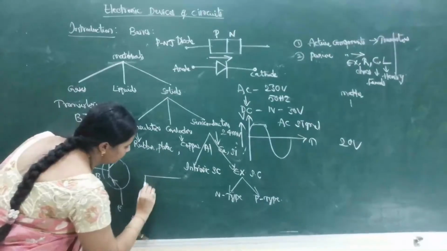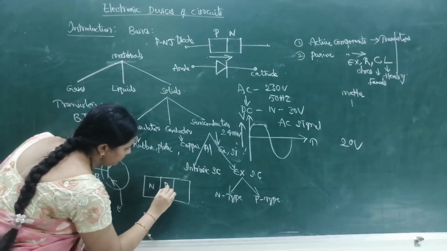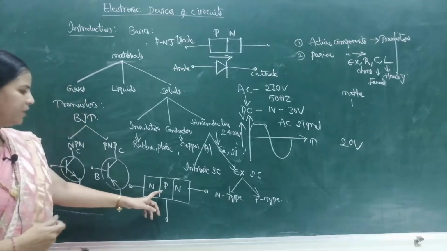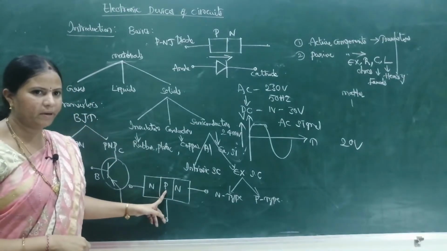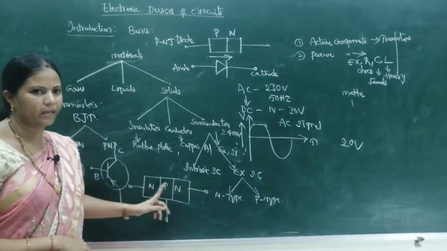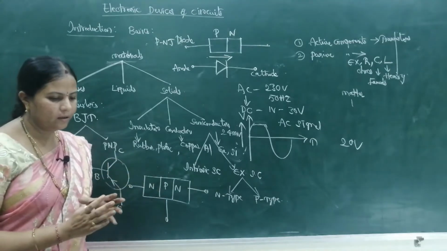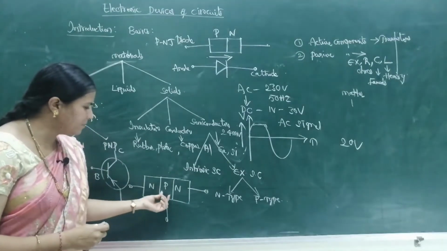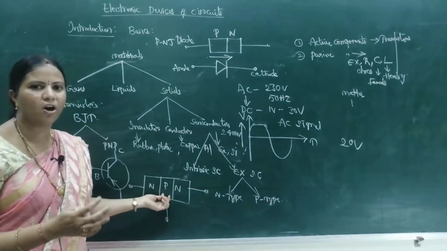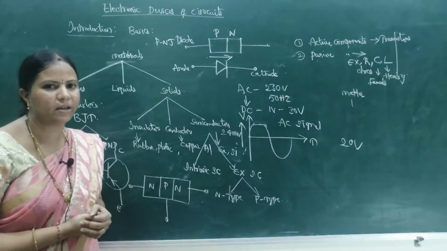If you take one NPN transistor, it is having 3 terminals. If you take P-type semiconductor material, and on both sides you add N-type semiconductor material, it will form the NPN transistor. This is nothing but a silicon crystal, semiconductor material; either you can take silicon crystal or germanium crystal. Silicon, germanium anedi semiconductor material kada.